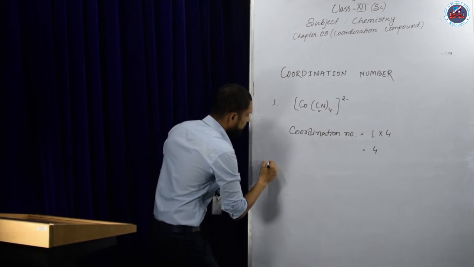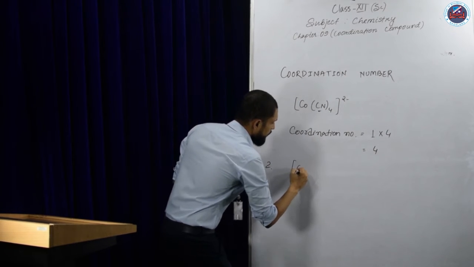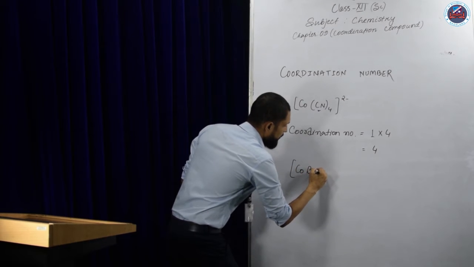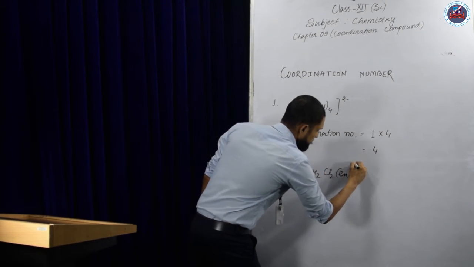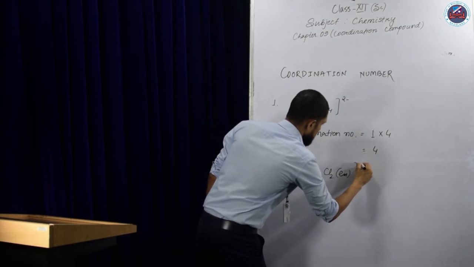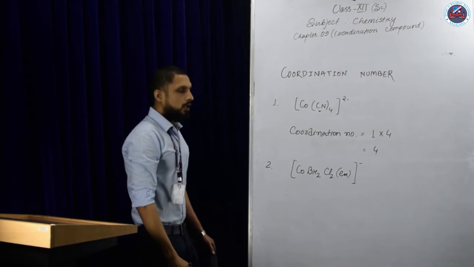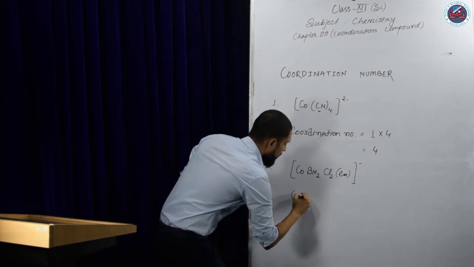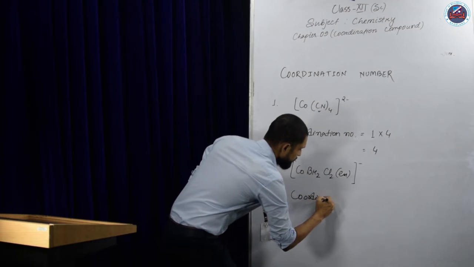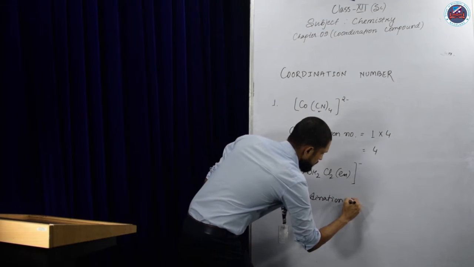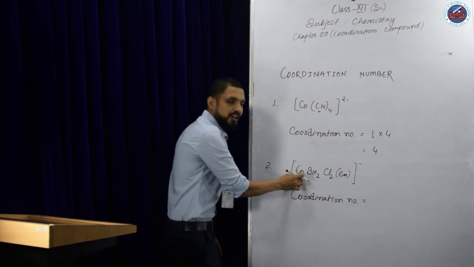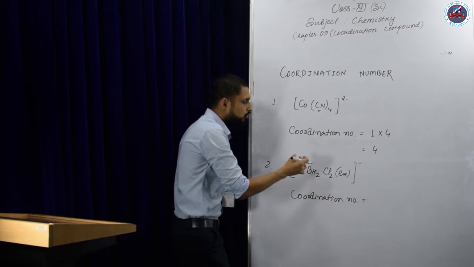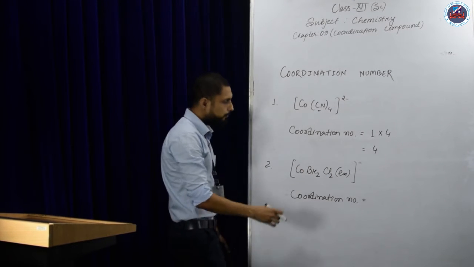Let us take the next example. Co, Br2, Cl2, en, negative. Now the coordination number of this compound. Co is the central metal ion, so it will not contribute to the coordination number.